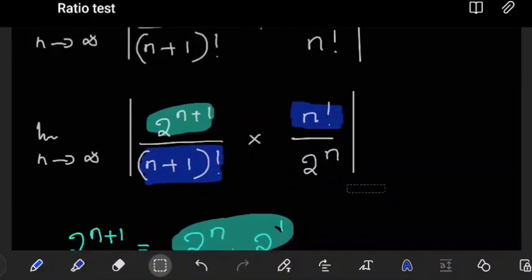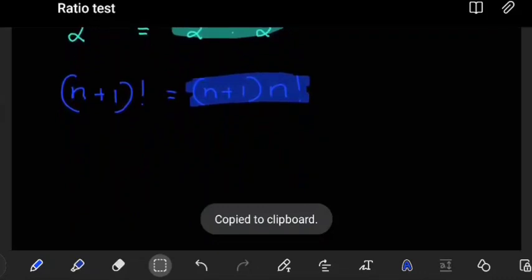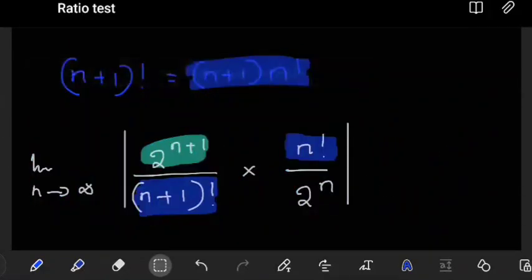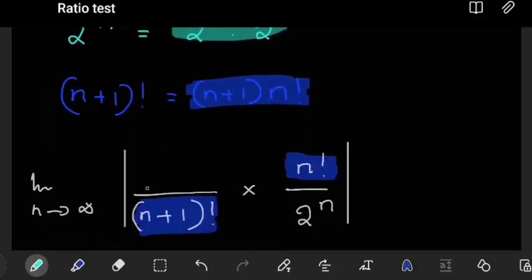So I'll just copy this and let's make the substitutions. In place of 2 to the power n plus 1, I will have 2 to the power n multiplying 2 to the power 1.